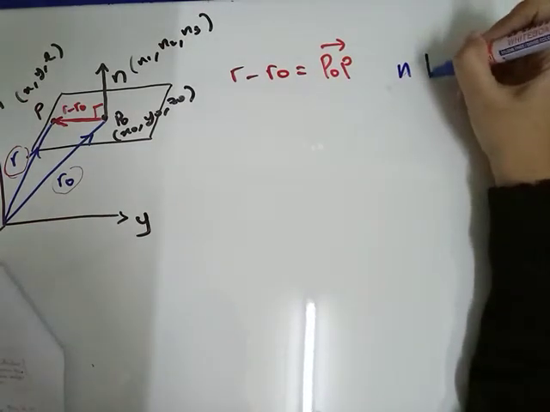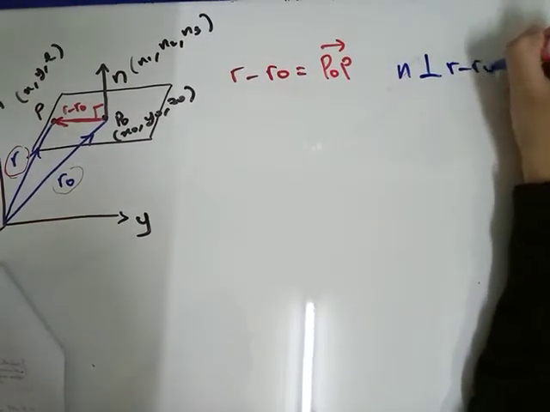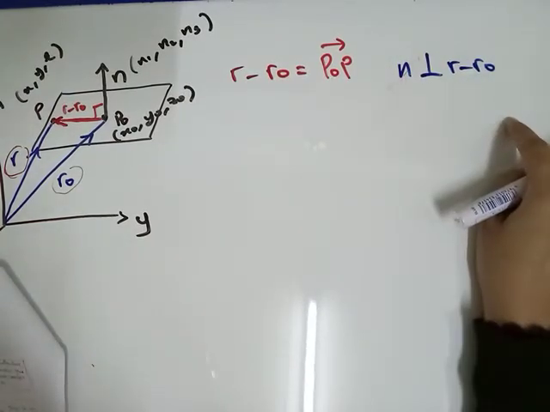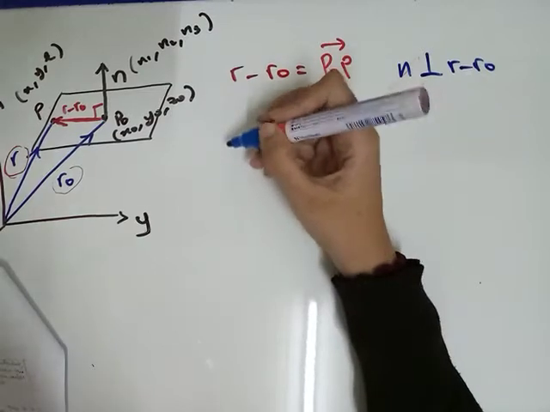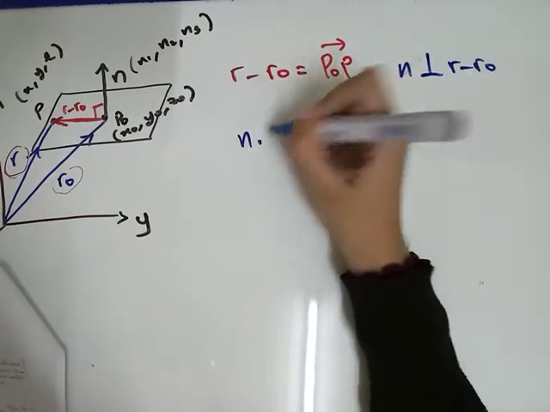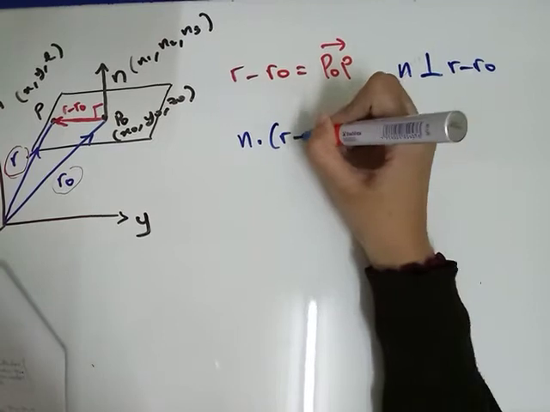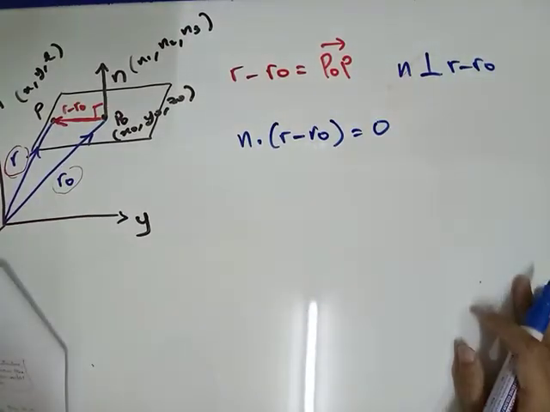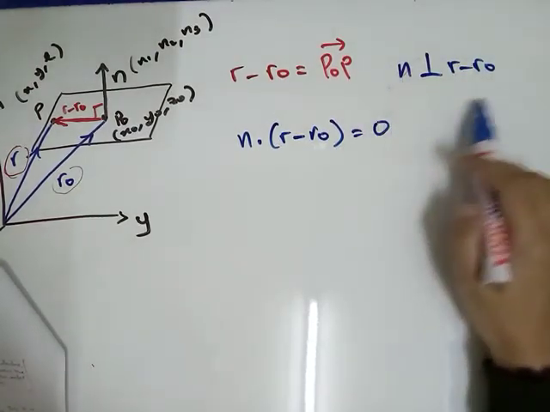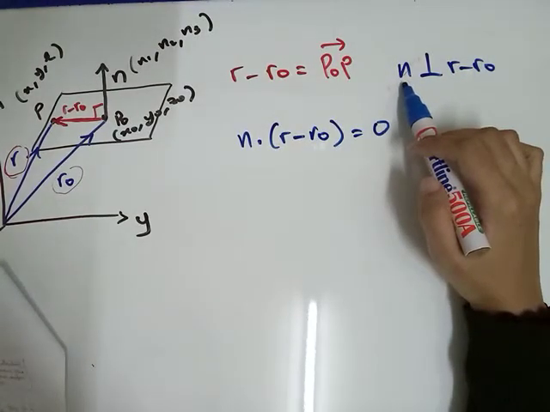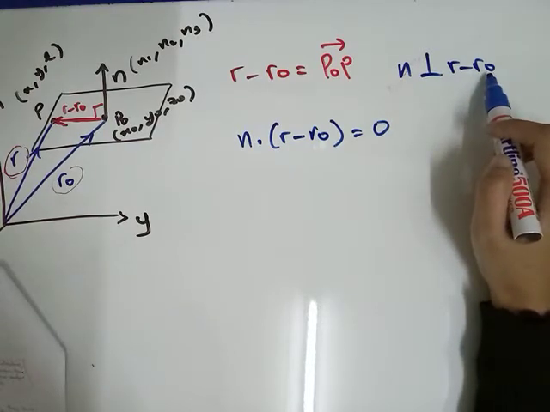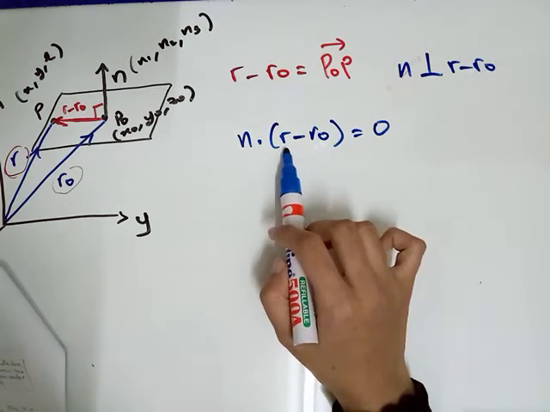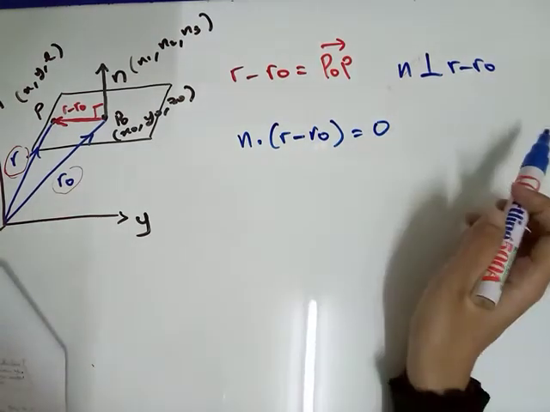Because they are perpendicular, the dot product between the normal vector n and the vector r minus r naught is equal to 0.